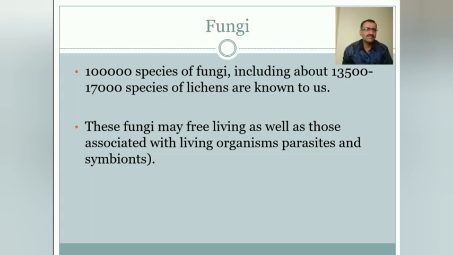Actually, lichen is another group in the further division, but here it is included with the fungi because it is a part of algae and fungi. So 13 to 17,000 lichen species are also included here.